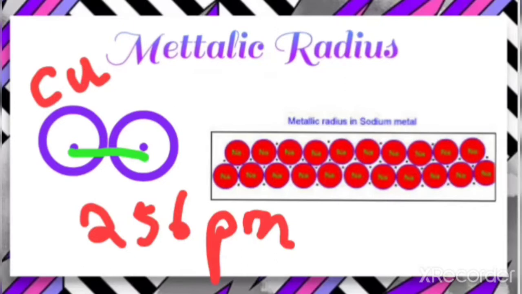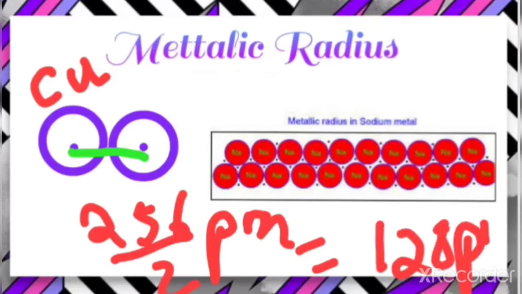So when we make half of this, that gives the value 128 pm. So 128 pm is the metallic radius of the copper atom.